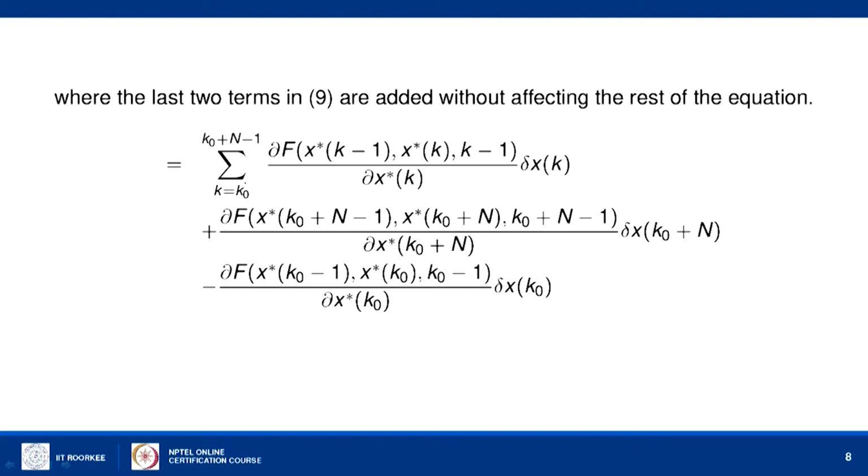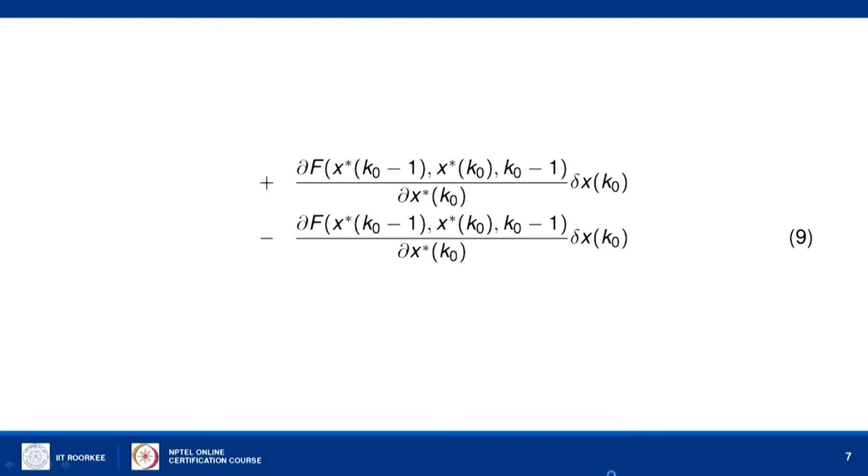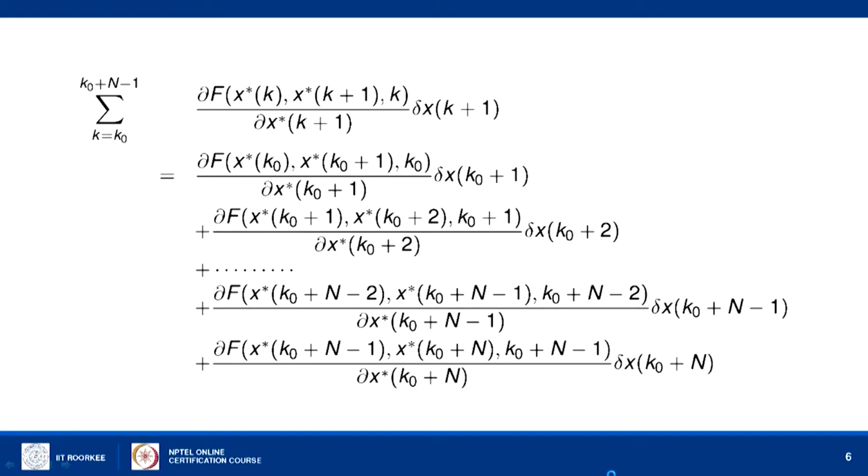So k 0 to k 0 plus n minus 1 del f of x star of k minus 1, x star of k minus 1 by del x star of k, etc. And while writing like this we are omitting this term, that is the last term, because we are writing it in the form of k minus 1 appearing first.